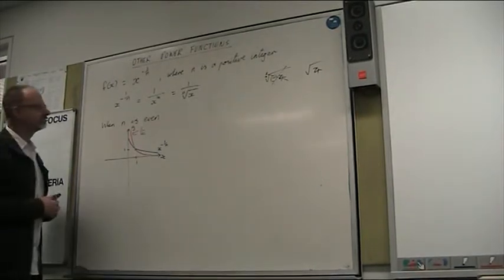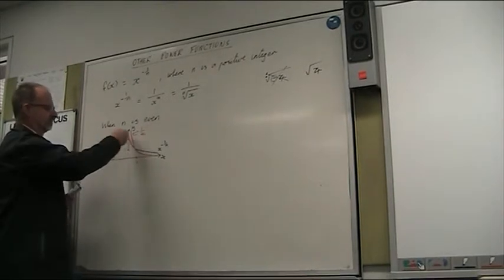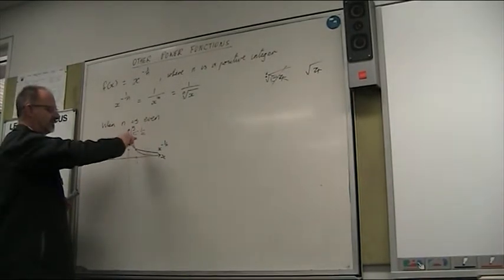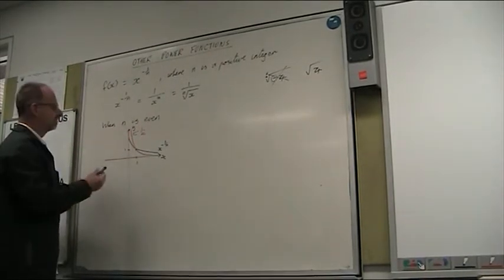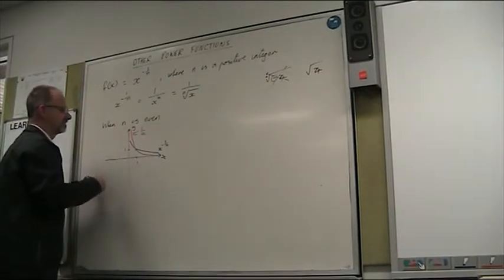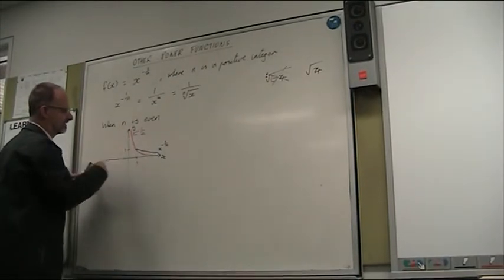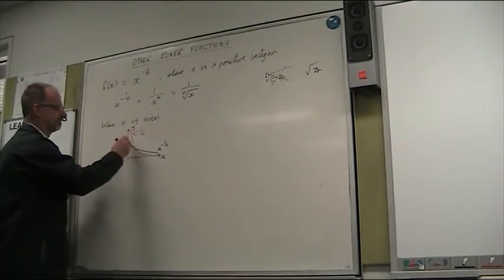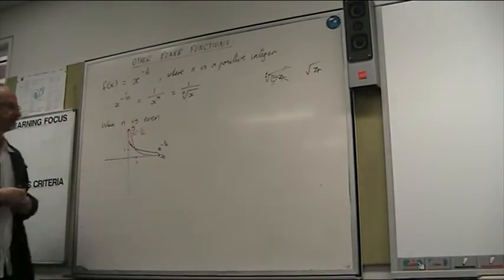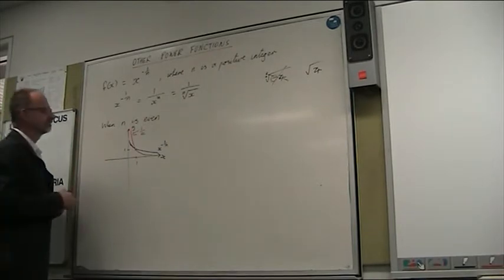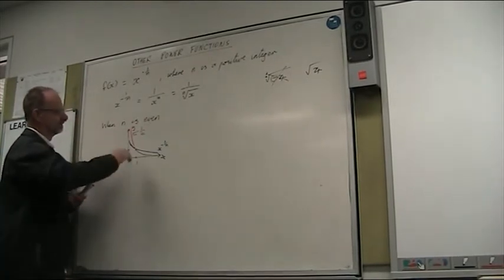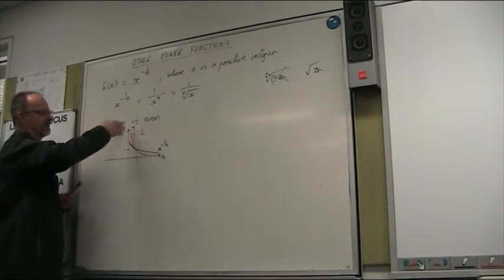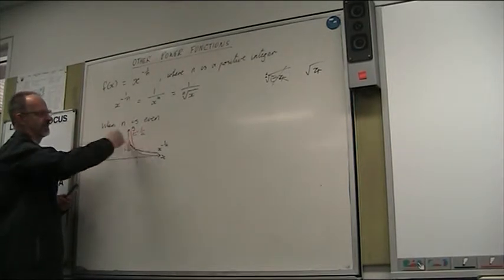No. So does it just stop at the y-axis? No, it's an asymptote, but it swings around quite quickly. It's not steep. Shallower. So it's a similar sort of shape, but goes like that.